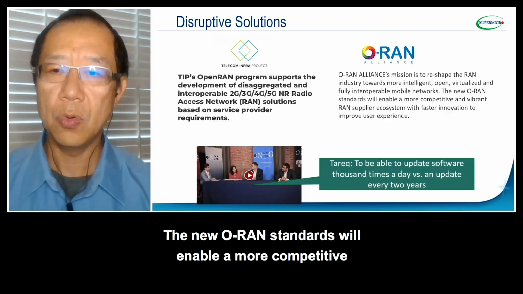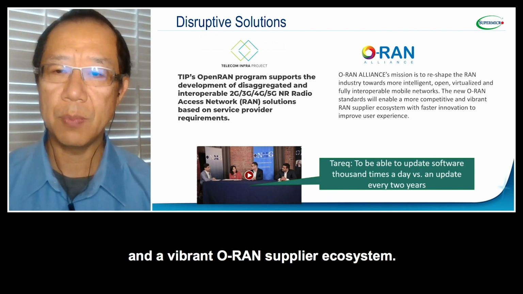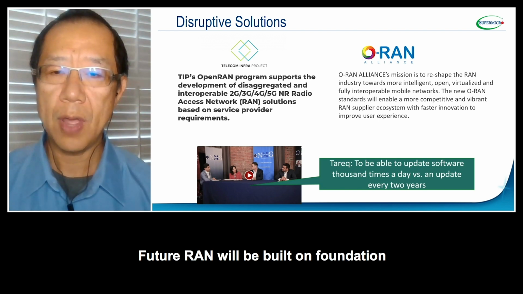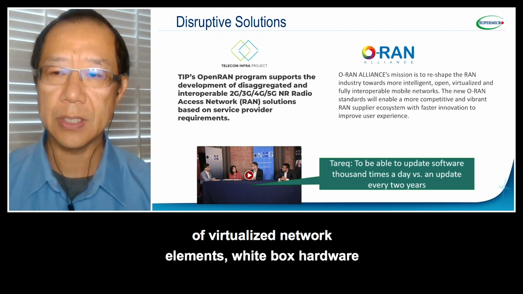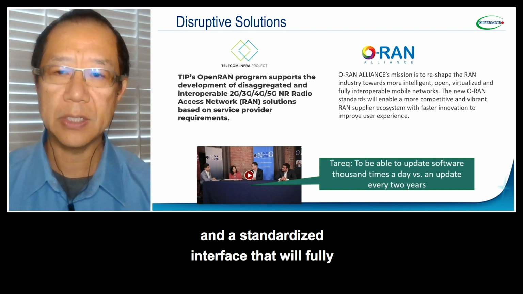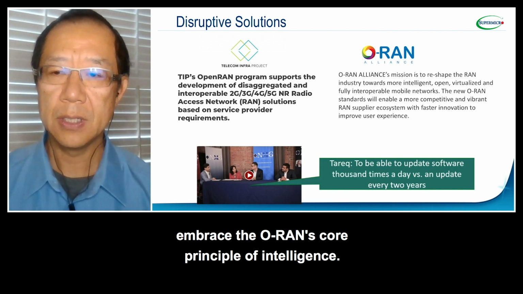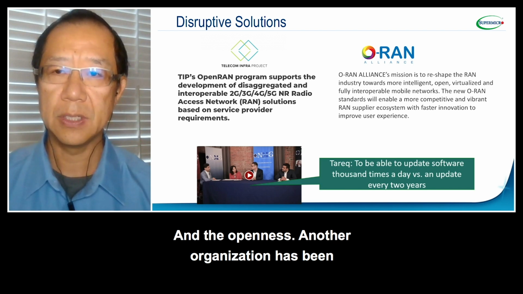The new ORAN standards will enable a more competitive and vibrant RAN supplier ecosystem. Future RAN will be built on a foundation of virtualized network elements, white box hardware, and a standardized interface that will fully embrace ORAN's core principle of intelligence and openness.